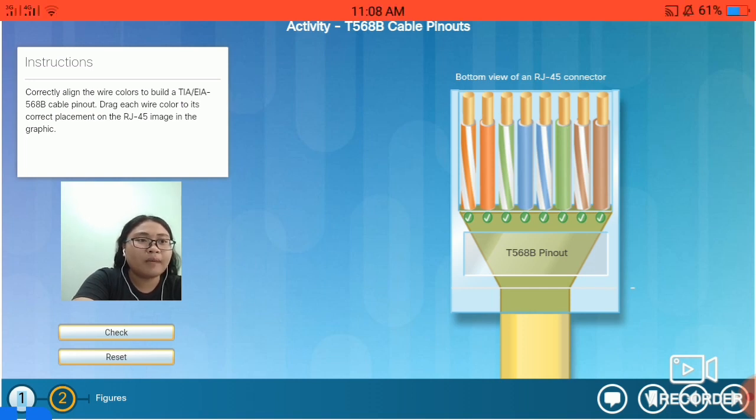The T568B standard matches the older AT&T 258A color code and is the most widely used wiring scheme. It is also permitted by the ANSI/TIA/EIA standard, but it provides only single pair backwards compatibility to the USOC wiring scheme.